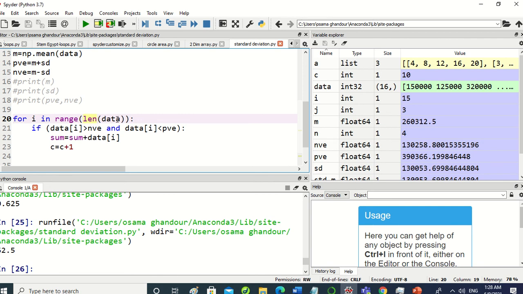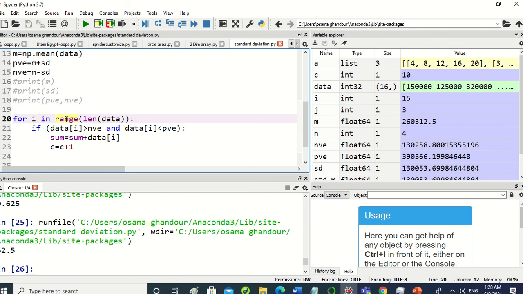Len of data, and range will be first 0, then 1, 2, 3, 4 until n, the length of the data.